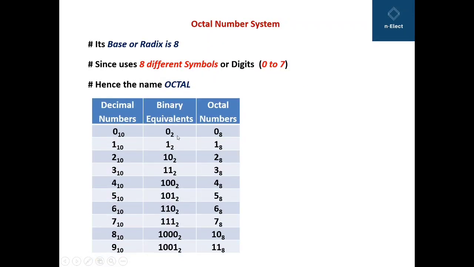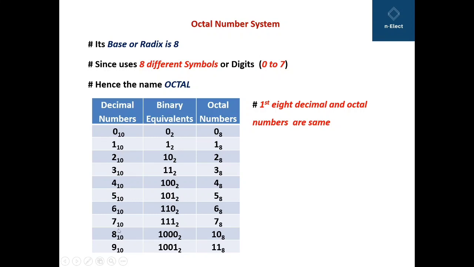Here the table is shown where the decimal numbers are shown from 0 to 9 with base 10. Their equivalent binaries are shown up to 9 decimal, and thereafter the octal numbers are also shown. The first 8 decimal and octal numbers are the same. From the table itself it's very clear that 0 to 7 is common in octal and in decimal.